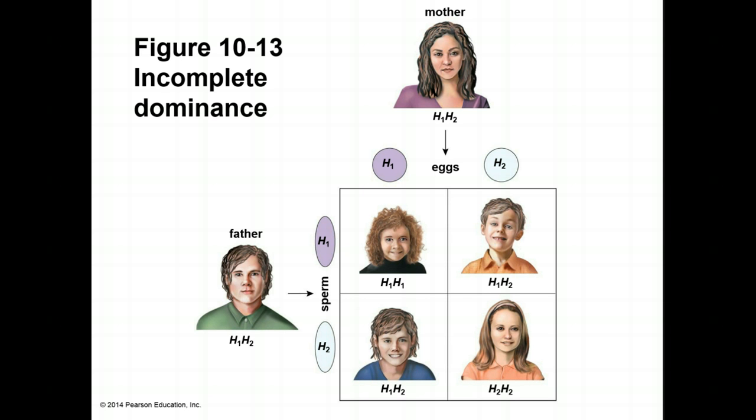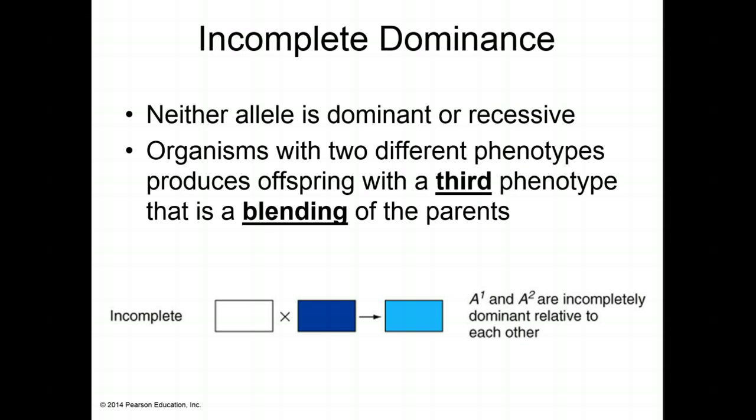Someone with two copies of H2 will have straight hair in this example. However, a heterozygote which inherited the H1 and the H2 will have hair that's in between curly and straight, which will be called wavy hair.